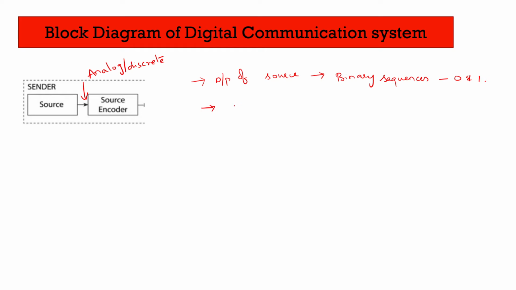And here the source encoder reduces the redundancy of the message signal. Thus, reducing the redundancy reduces the bandwidth requirement.